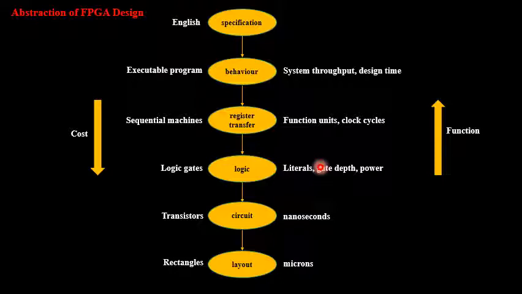You can also make use of a bottom up analysis. Bottom up analysis means going from the bottom to the top level. So from top to bottom it is the cost, and from bottom to top it is the function. So everything we have seen. Just make a slight correction in this particular slide. Here this has to be function, and this has to be cost.